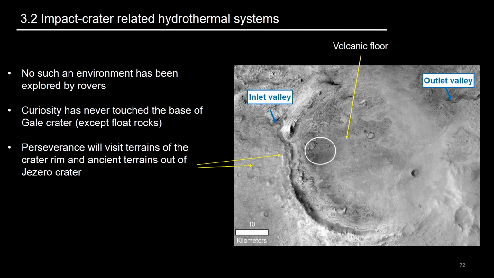And currently, no rover has visited this kind of environment on a crater, but with Jezero crater, the rover is expected to go around Jezero in this location, which corresponds to the ejecta or to the basement below the ejecta. And those locations could be very interesting with that perspective of hydrothermal alteration.